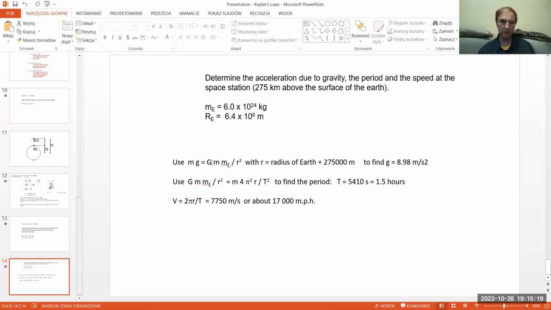At first cancel lowercase letter m, then lowercase letter g equals uppercase letter G times mass of the Earth divided by r squared, where r is the radius of the Earth plus a certain height, this height above the Earth surface.